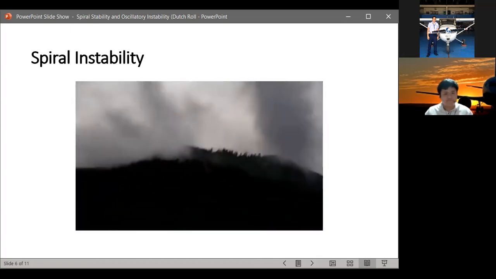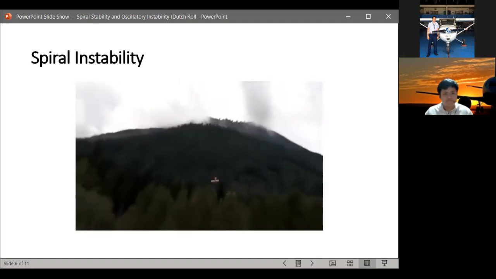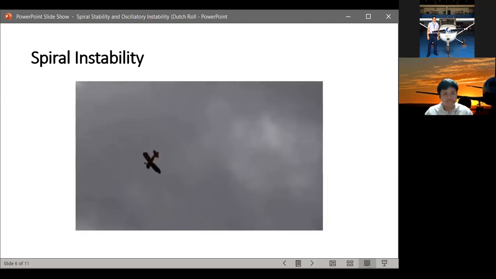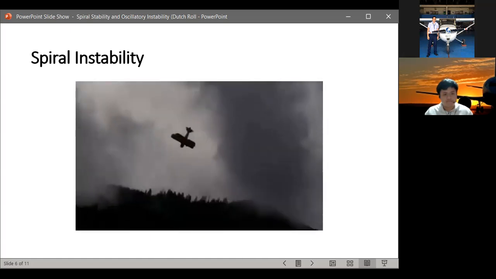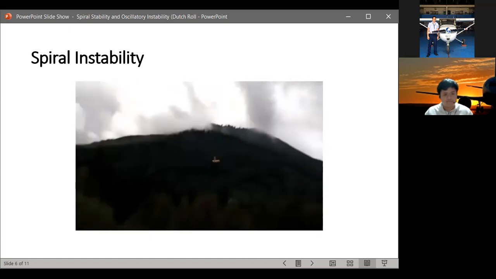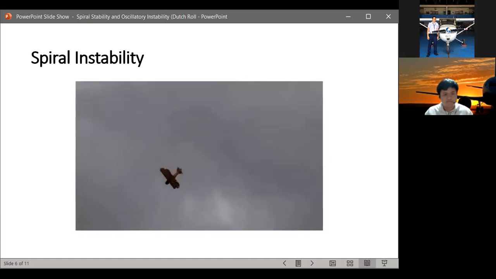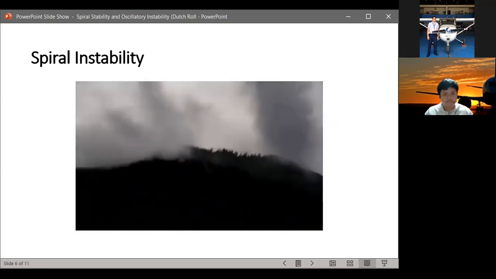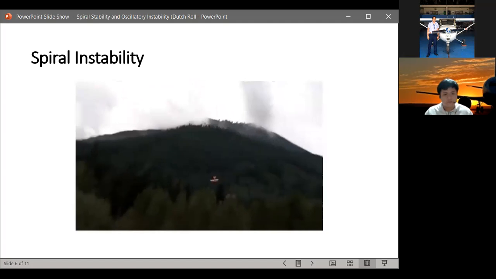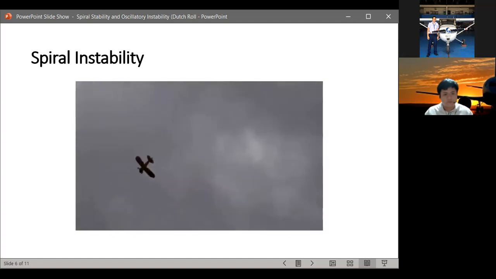Spiral instability is normally considered less objectionable than oscillatory instability. So most aircraft are designed to be spirally unstable. With this characteristic, when the aircraft is yawed, either by the prolonged application of rudder or asymmetric power, a rolling moment in the direction of yaw occurs, and the aircraft quickly enters a spiral dive.